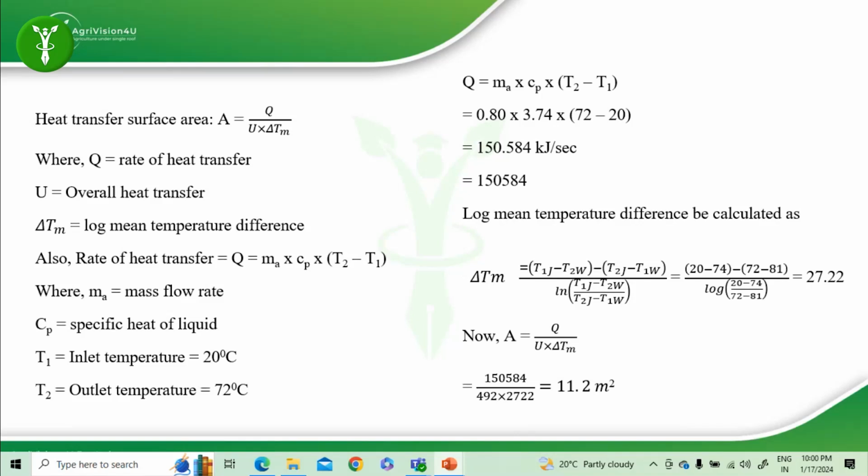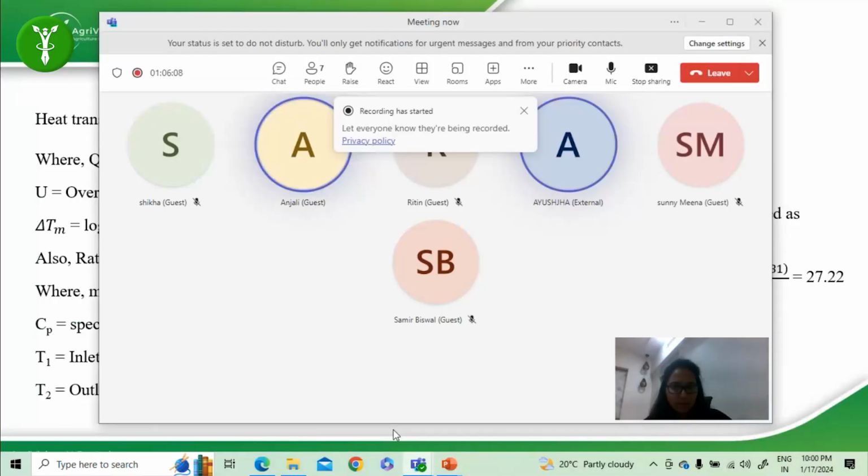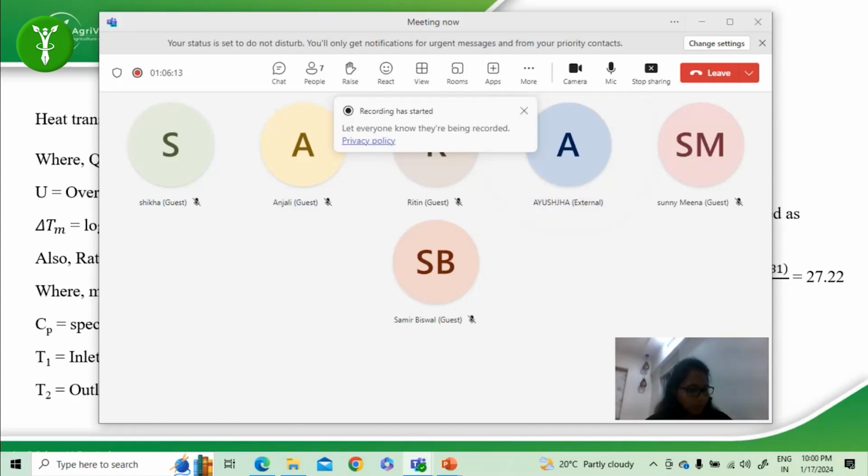Yes, 12.13. For some, the LMTD value is 25.11, for me it is 25.2. Okay, fine, this much variation is okay. Everybody clear on this particular thing? Okay, let us move on to the next problem statement.